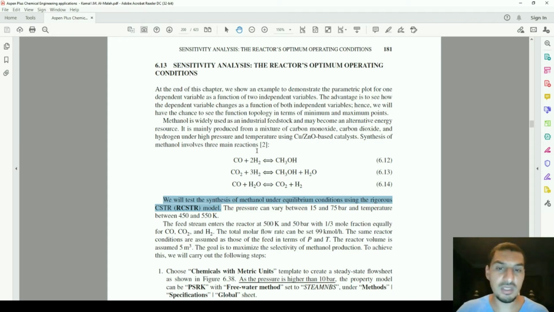It has to be done in PFR, and here it says that it's done in a CSTR, and it's mentioning that the synthesis is done under equilibrium conditions. So we will discuss why we're doing the reactions in a CSTR, and what is this sentence, the under equilibrium conditions.